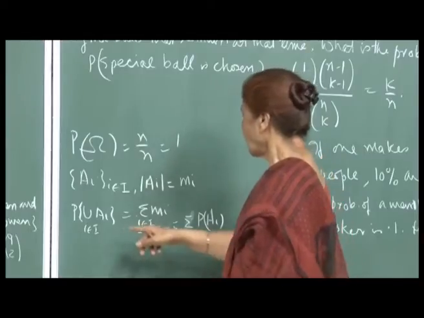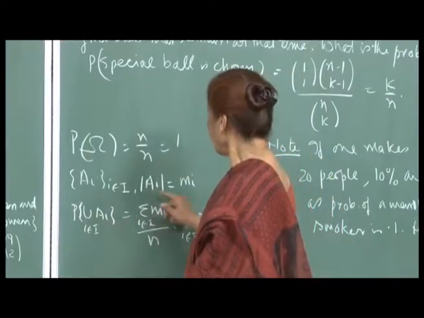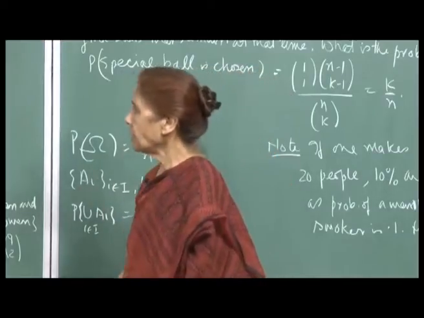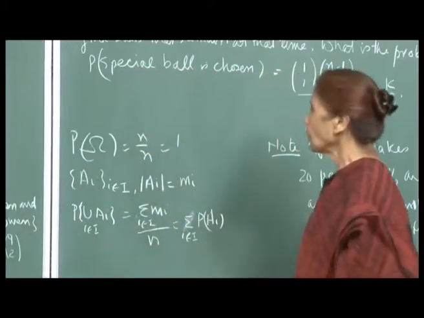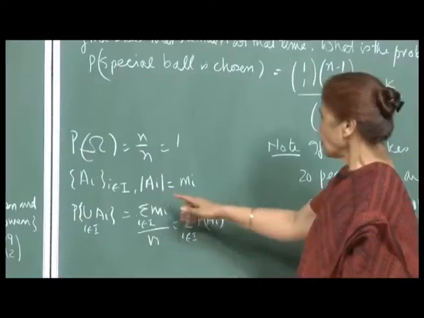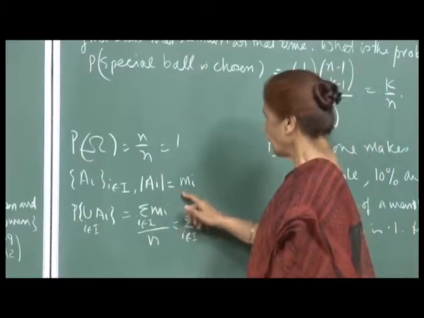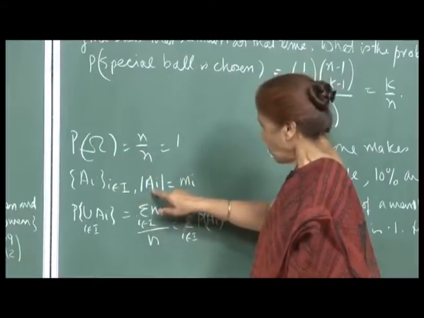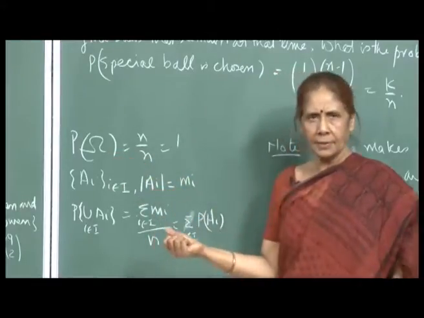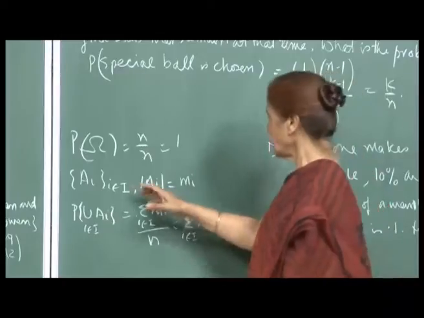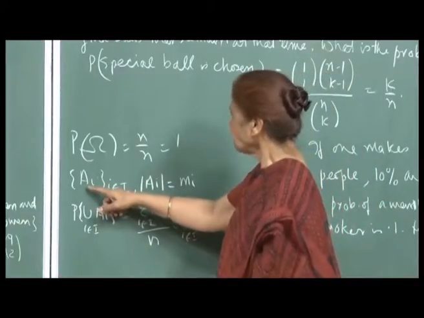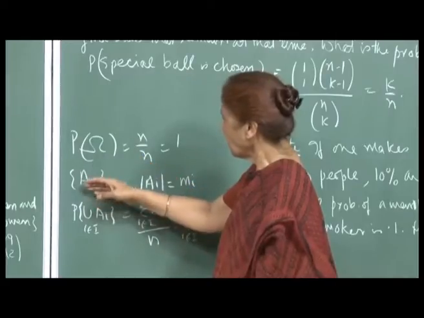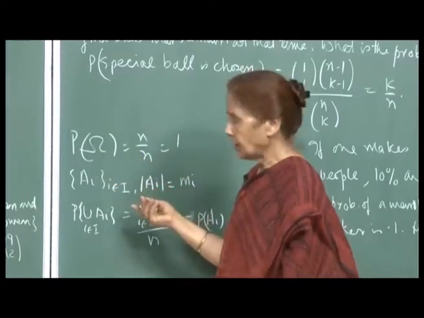Then we want to look at the probability of the union of Ai, and here the Ai's are disjoint, because I am verifying axiom 3 of probability. That means, the elements of the sample space which are in one Ai are not in any other Ai.